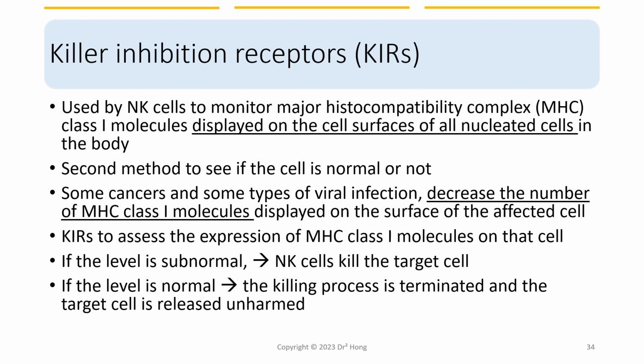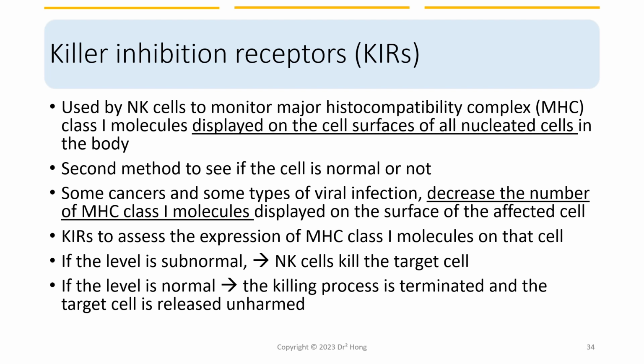So what about inhibition? How does an NK cell know when not to kill? Well, NK cells utilize a different type of receptor called killer inhibition receptors, or KIR. They are for monitoring major histocompatibility complex, or MHC class 1 molecules, that are displayed on all cells that have a nucleus.